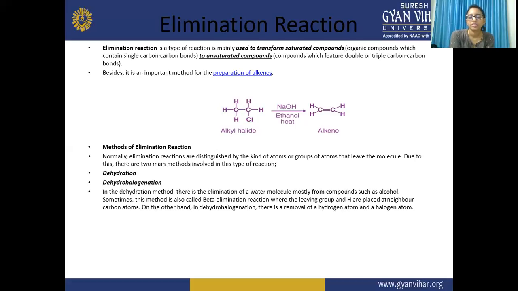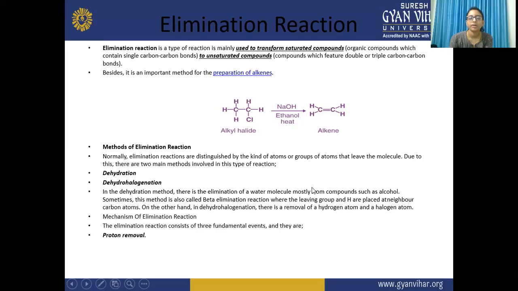Here this method is known as beta elimination reaction, and the leaving group, the group that is leaving, and the H hydrogen proton are both placed at the neighboring carbon atoms. On the other hand, in dehydrohalogenation, there is a removal of a hydrogen atom as well as a halogen atom.